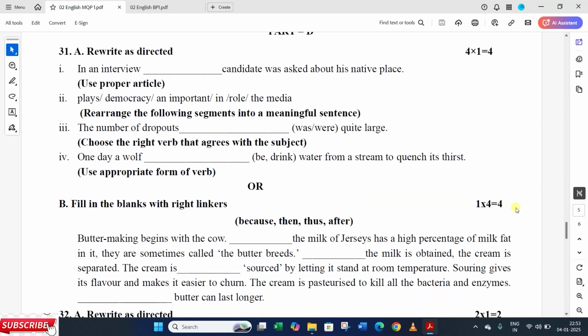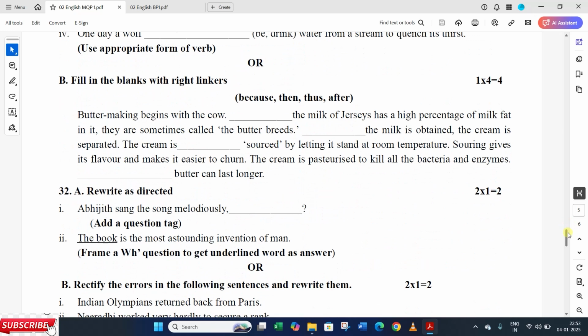Now you have an option in question number 31, rewrite as directed. If you want, you can write this particular part, or if you don't want, you can go with the or question. And what is there in the or question? You will find here, my dear students, linkers. Fill in the blanks with the right linkers, and you will find in brackets the linkers: because, then, thus, after, for 4 marks.